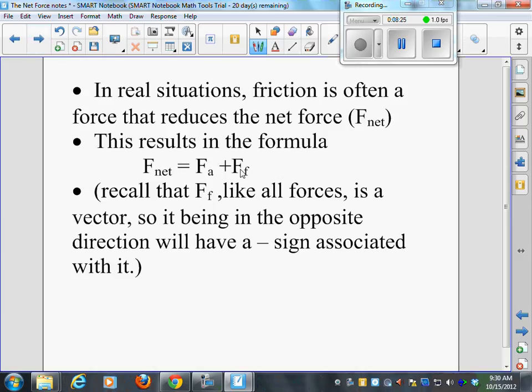Generally, if it doesn't say, we're going to assume that our applied force is to the right and our friction force is to the left, making it negative. So don't just write subtract friction. Okay, Courtney? That doesn't always mean just subtract friction. I would prefer that you think of it as vector addition. You're adding the applied force and the friction force together.